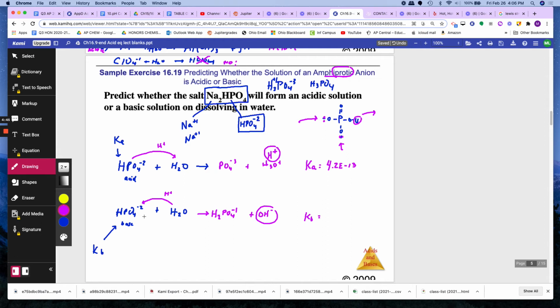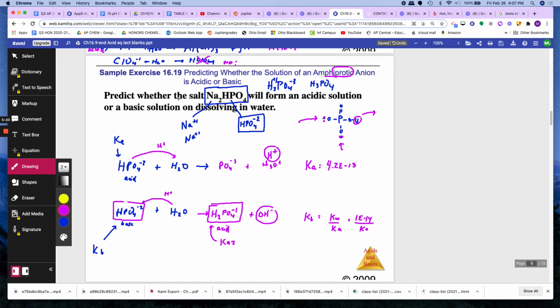If you try to find the Kb for this base, you won't find it, remember. So what you have to do is use the formula Kw divided by Ka. Remember, because Ka times Kb is Kw. So it's 1e -14 divided by Ka. So which Ka are you going to use? This is the base, which means this is the conjugate acid. So you have to use the Ka2, because you're removing the second H. The first one already came off to become that conjugate base.